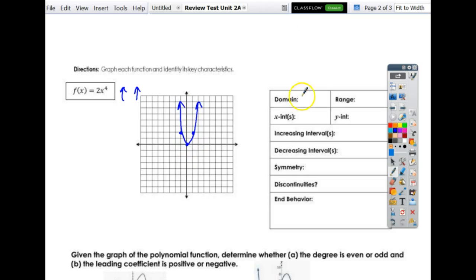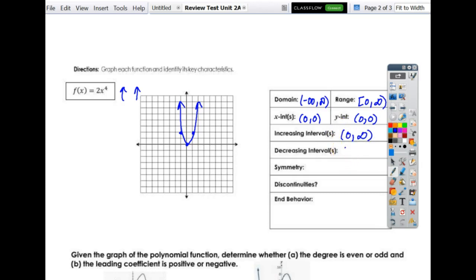So my domain is negative infinity to infinity. And the range, which is bottom to top, would be 0 to infinity. The x-intercept and the y-intercept would both be (0, 0). The first interval is decreasing, but the second interval is increasing, so the increasing interval is 0 to infinity.